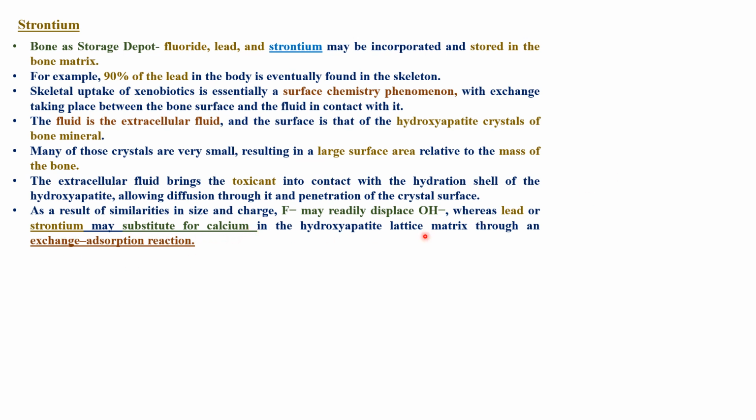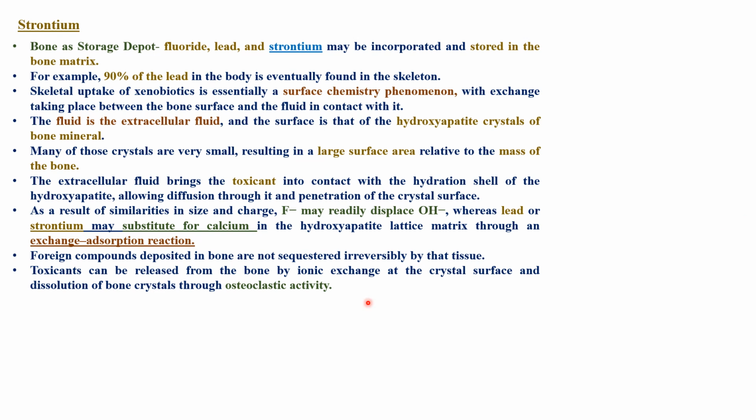So this is our answer here: a metabolic analog of calcium. Calcium gets replaced in the bone with strontium in the hydroxyapatite lattice matrix through an exchange adsorption reaction, right? Foreign compounds deposited on the bone are not sequestered irreversibly by the tissue.